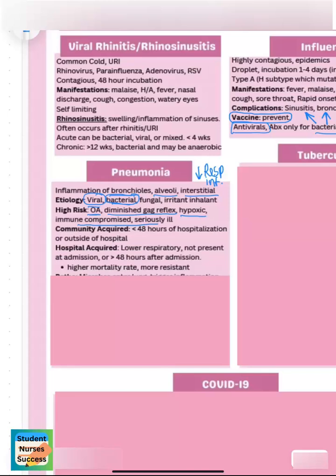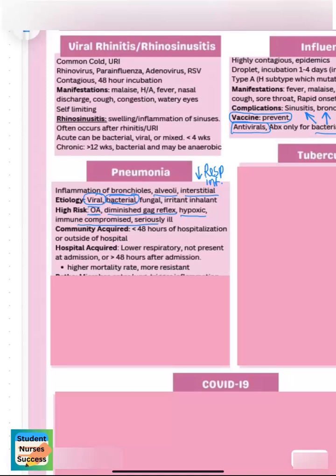There are two types of pneumonia that we categorize as community acquired or hospital acquired. Community acquired pneumonia means that you develop pneumonia outside of the hospital. If you are admitted to the hospital and you develop pneumonia in less than 48 hours, we say that is community acquired.